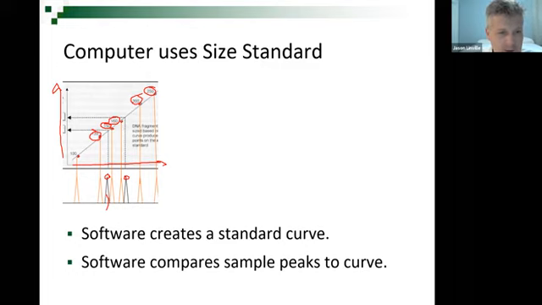The software estimates these peaks by drawing a size standard curve and estimating the size of these peaks. If it estimates that this is 195, it doesn't mean that it is 195. It means it's around 195. In fact, what I cut off from this figure, because I don't focus on this as much as in the undergraduate course, is that the estimate actually has a decimal point associated with it.